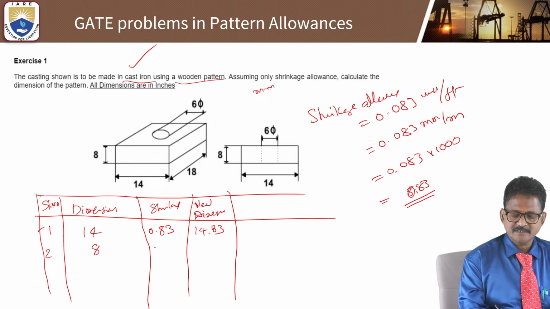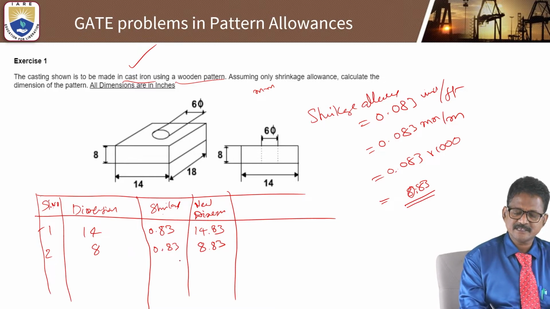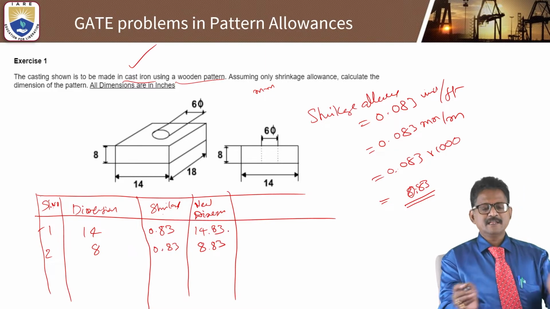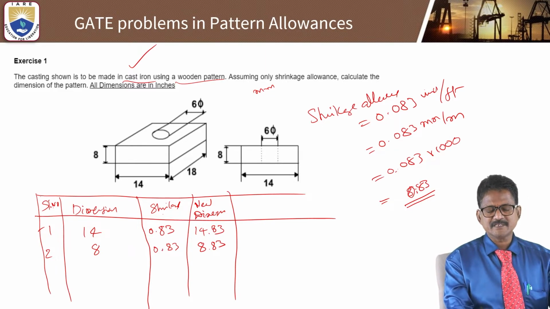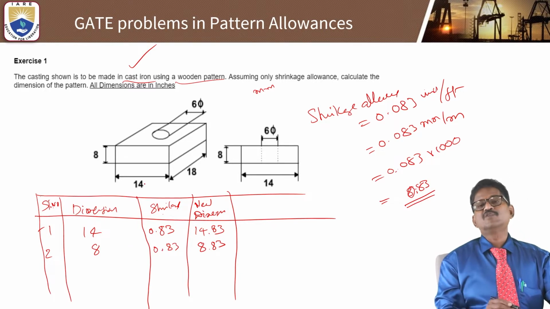For 8, here also you can add 0.83, so 8.83 is to be added. Like that, by adding the shrinkage allowance, you can keep 18.83. Then this cast iron material will shrink and achieve exactly 14 mm.